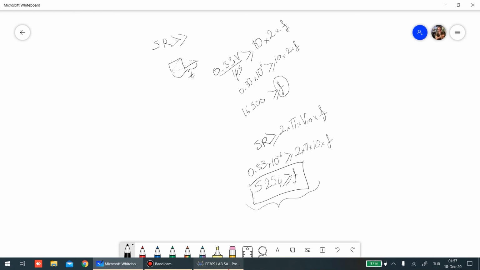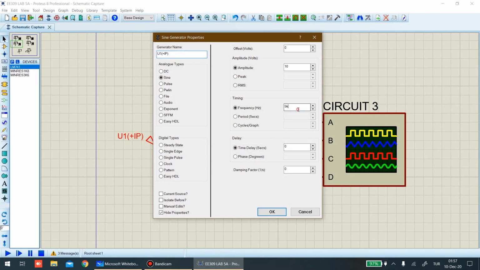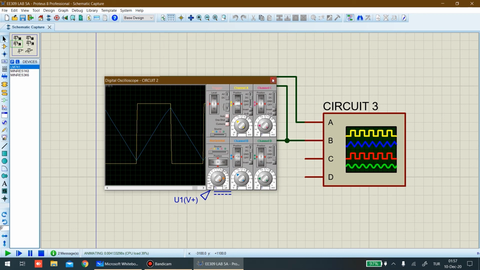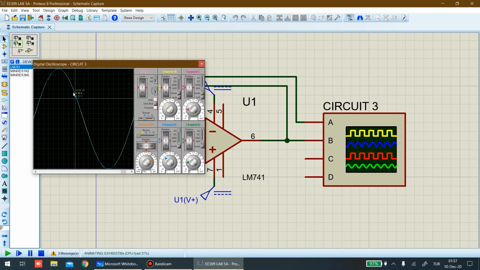Let's see. We are just applying 5 kHz from the input. Okay, it seems it overlaps pretty good. There's no problem.